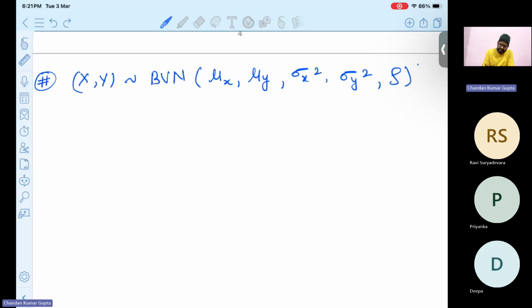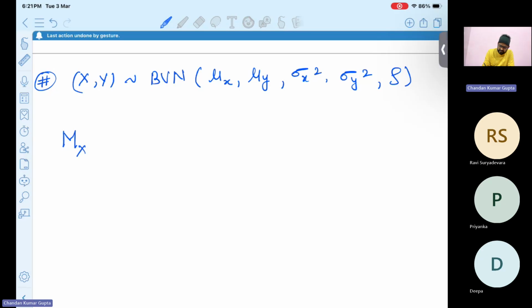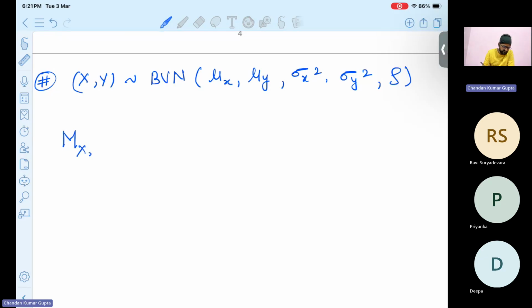Then the moment generating function comes out to be the expected value of e to the power sx plus ty. In univariate we have one variable, in bivariate we have two, so s and t are there.